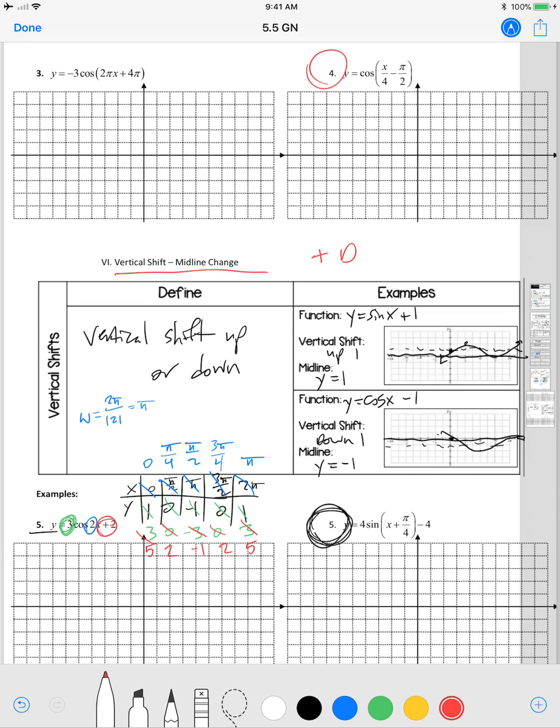And so now I can graph this. 0, 5, pi over 4, 2, pi over 2, negative 1, 3 pi over 4, 2, and then pi back up to 5. So this is a really stretched graph, like that.